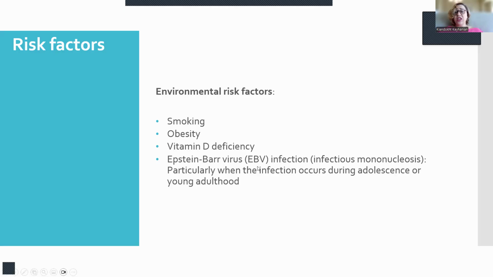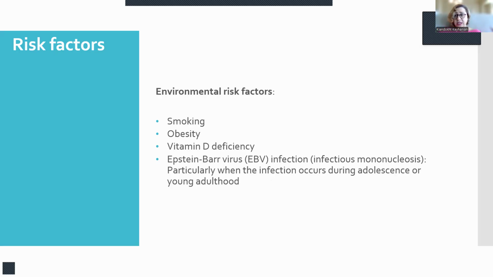There are lots of scientists now trying to make an EBV vaccine, but unfortunately, so far we don't have any good vaccines. In the future, hopefully, if we get a vaccine, we can prevent this from happening. But until then, if your kid gets it at a very young age, it's not as much of a risk factor.